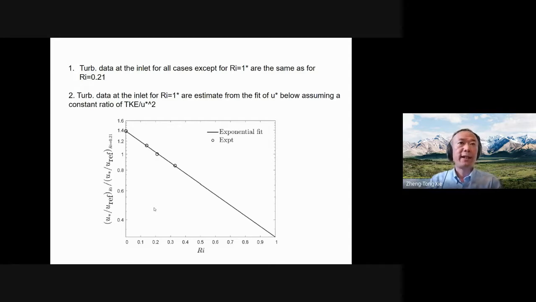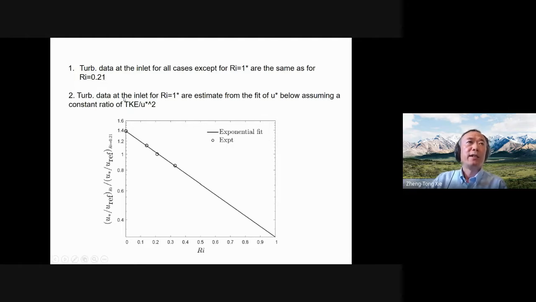Another point is the turbulence data at the inlet. Most of the turbulence data we use at the inlet, except for Ri equal 1, are the same as for Richardson number 0.21, which is also measured in the wind tunnel.